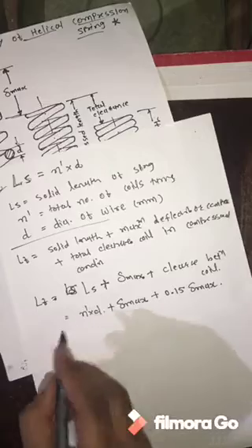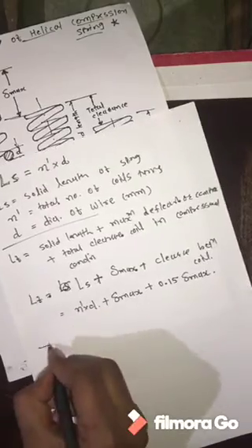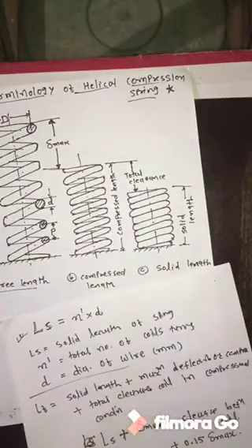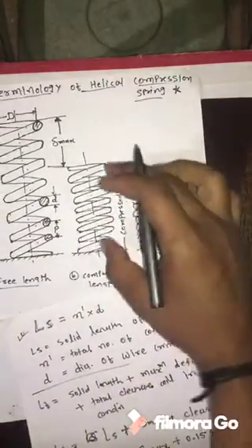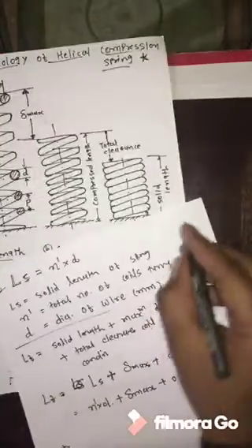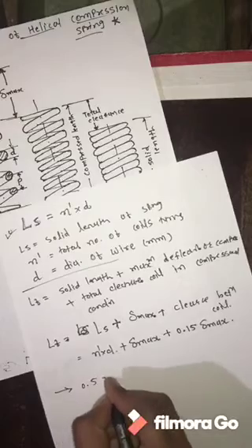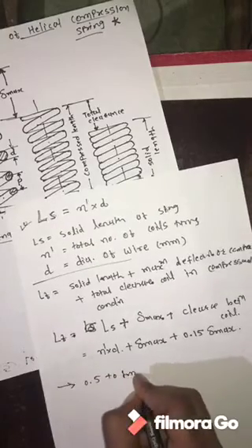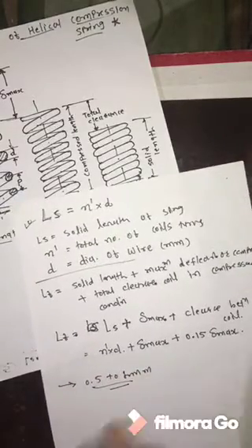I will explain. The clearance between two adjacent coils in compressed condition, like the second figure, is generally taken as 0.5 to 1 mm.